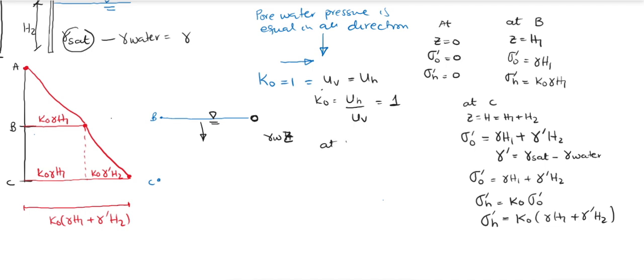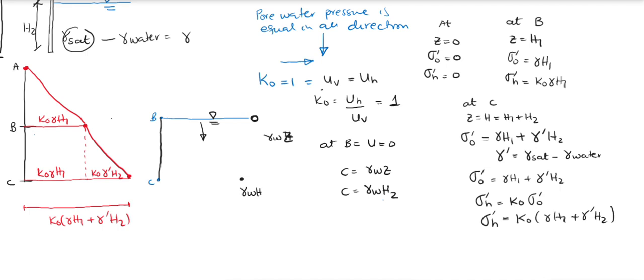So at B we know that pore water pressure is 0. At point C, pore water pressure is gamma W times Z. And so at point C, pore water pressure is gamma W times what? H2.